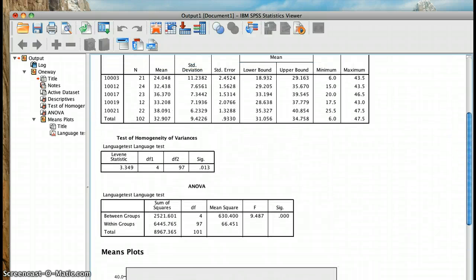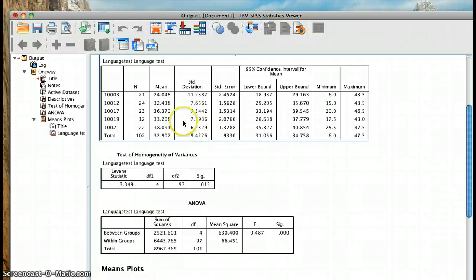And now here we have first the descriptives. So for class 10,003, the n is 21, so we have 21 students in this class, and the mean in the language test is 24 for this first class, with a standard deviation of 11 and the standard error of 2.45.